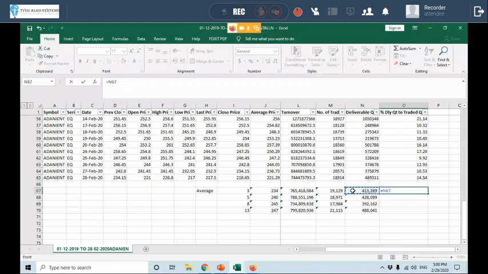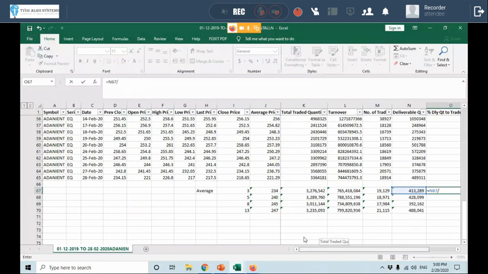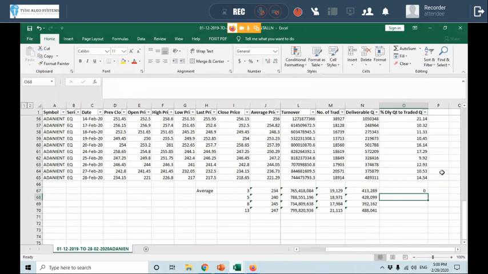See, total traded quantity is in column K, and deliverable quantity is in column N. So if I divide column N by column K, I will get percentage delivery, right? So this is my percentage delivery, 12.6.